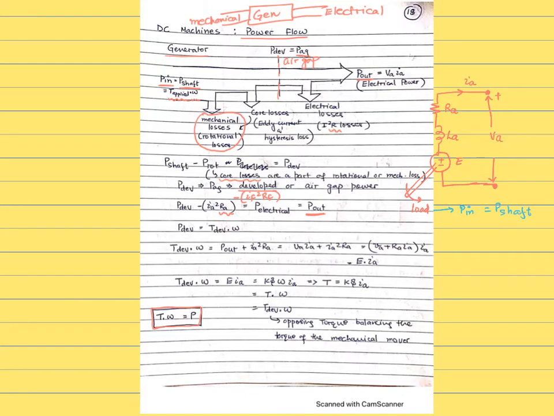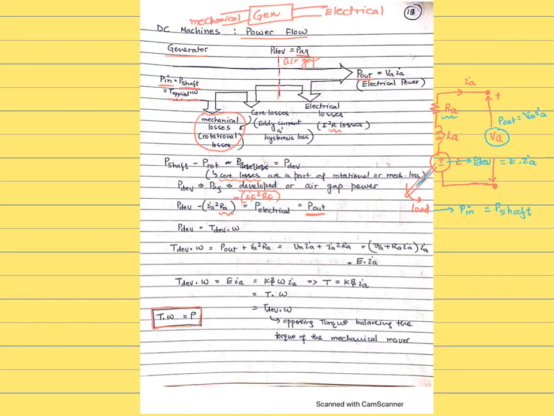Then shaft rotation, rotor, so rotational losses. This is where the developed power comes, which can also be given by E times IA. Here are the electrical losses, and this is where your output power is.